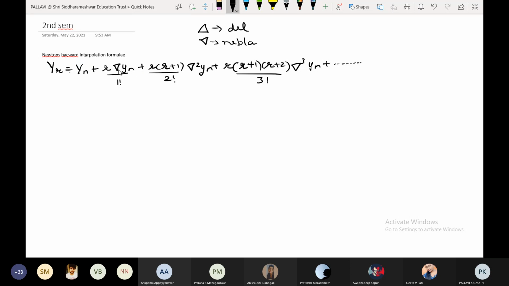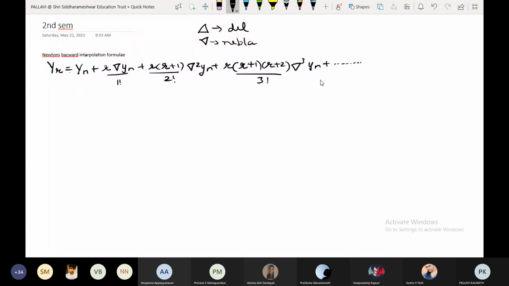See, there it was del of y naught, del square of y naught, del cube of y naught. Here we have written del of yn, del square of yn, del cube of yn. Yn means the last term in the columns. Did you remember what I am telling?